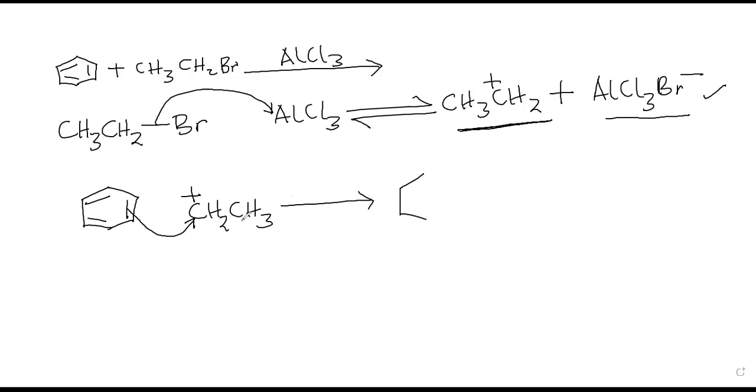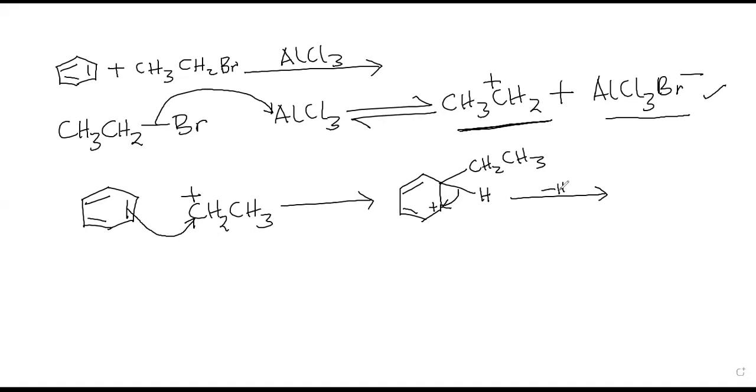we shall attach this alkyl group momentarily on the benzene ring. But remember, where electrons have been removed, we have a positive charge. So we have attached CH2CH3, but the hydrogen is to be replaced. So this hydrogen will stabilize the ring and you lose it.